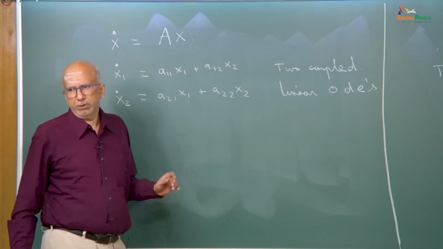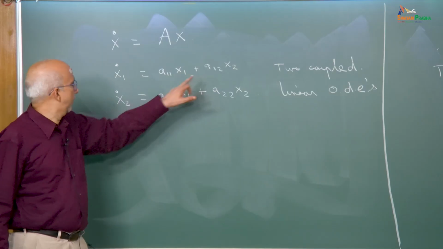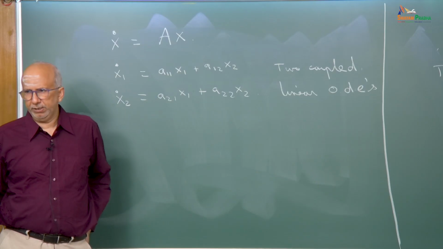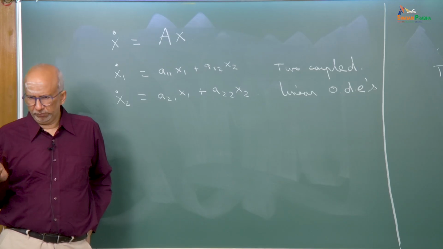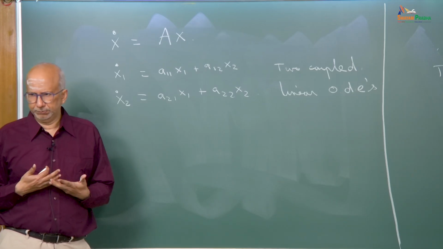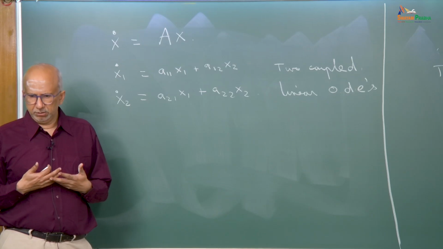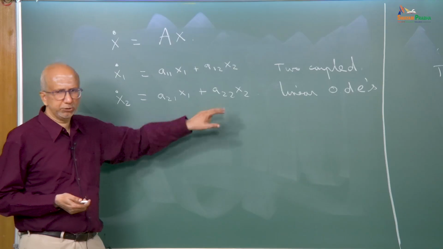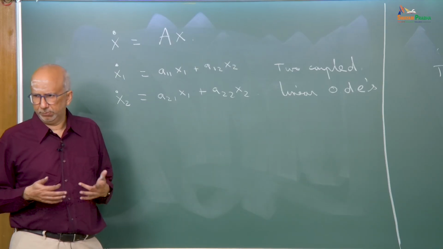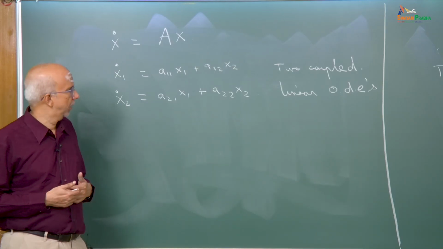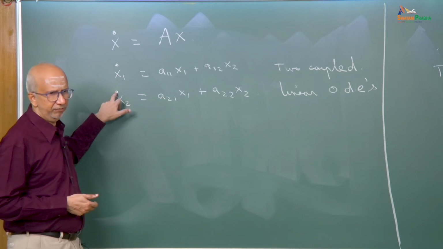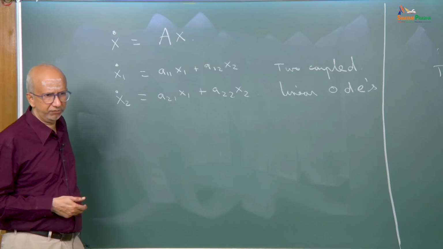They are coupled because x1 depends upon x2 and x2 depends upon x1. They are dependent on each other, that is what I mean by coupling. If x1 depended only on x1 and x2 depended only on x2, then they would not be coupled, but now they are coupled and they are linear. And there is only one independent variable, which is time, so it is an ordinary differential equation.